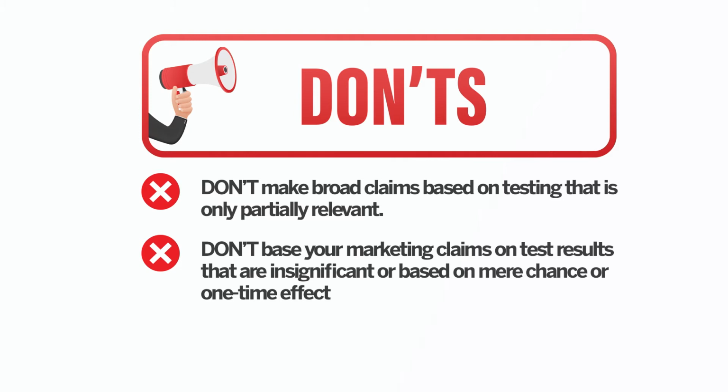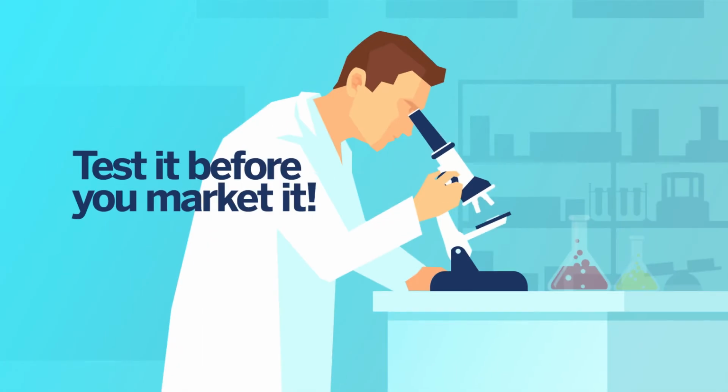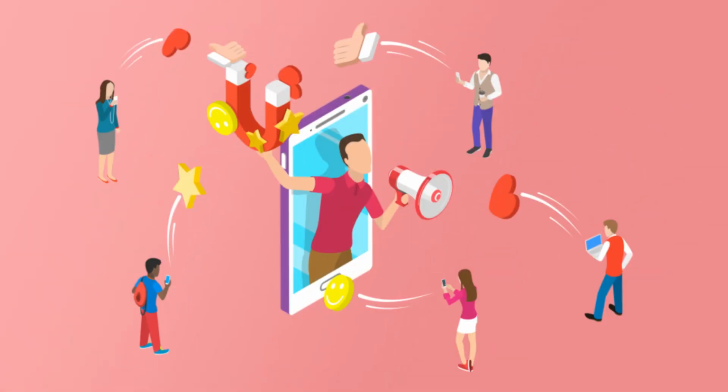Don't base your marketing claims on test results that are insignificant or based on mere chance or one-time effect. It is your responsibility to prove that the marketing claims you make are based on adequate and proper testing. To comply with the law, testing must be done before any marketing claims are made, so test it before you market it. Let's turn to influencer marketing.